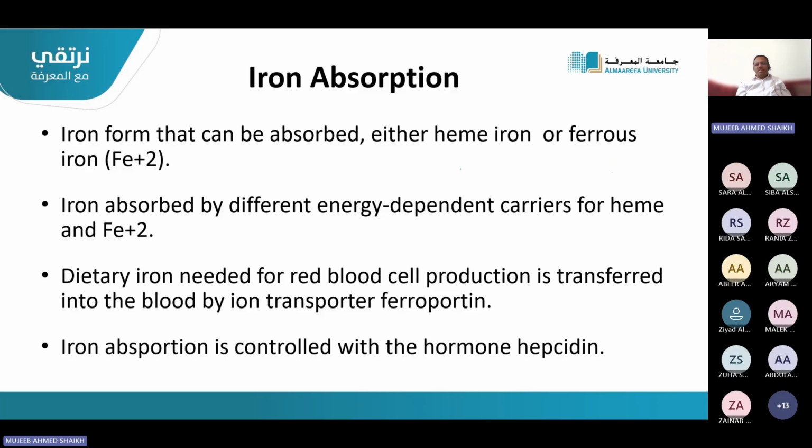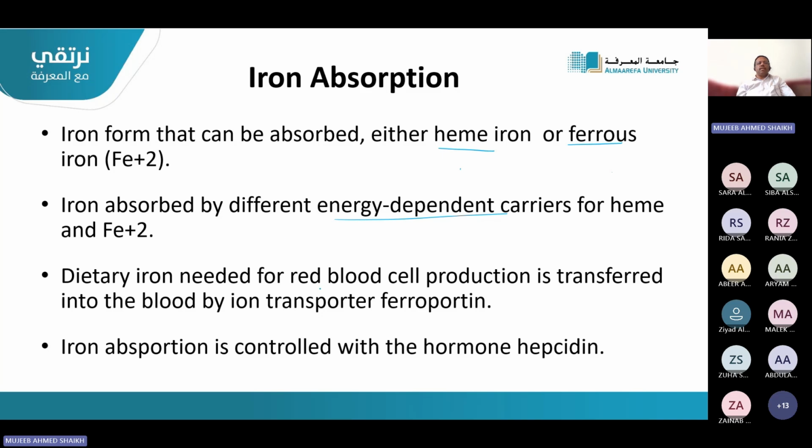Okay. Iron absorption. Iron can be absorbed in the form of heme iron or ferrous iron, two forms of iron present in the small intestine. They will be absorbed by energy dependent carriers. There are different absorption pathways for heme as well as ferrous iron.